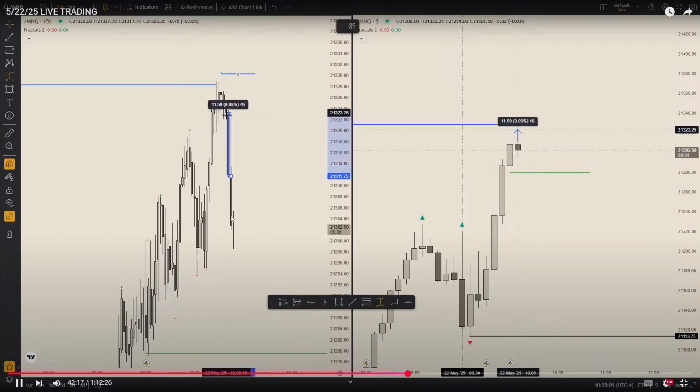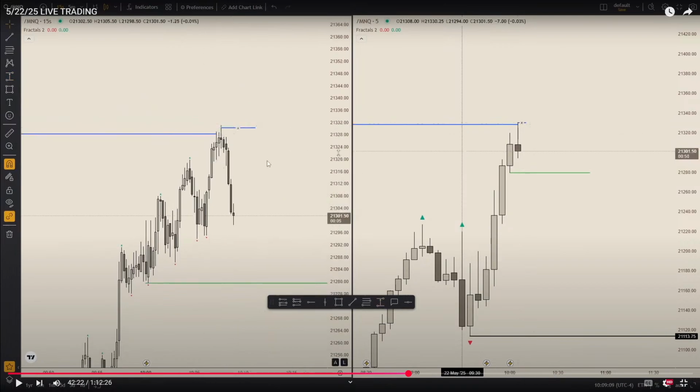So we're starting to push down here a little bit. I'm looking at this gap here. Now, I didn't really want to break my rule, because if we remove the fractals, what determines a fractal, which are these arrows right here on the chart, is that two candles to the left cannot be lower than this candle, and the two candles to the right cannot be lower than this candle here.